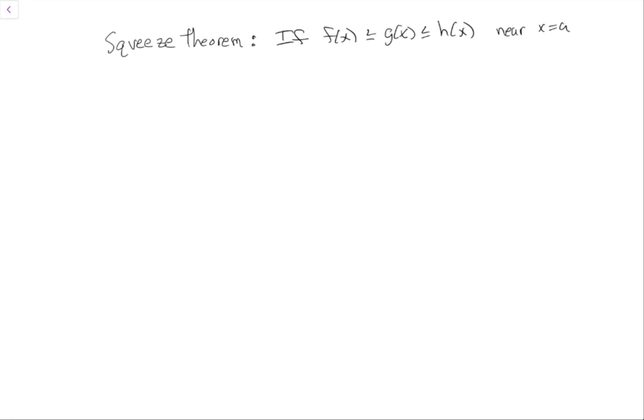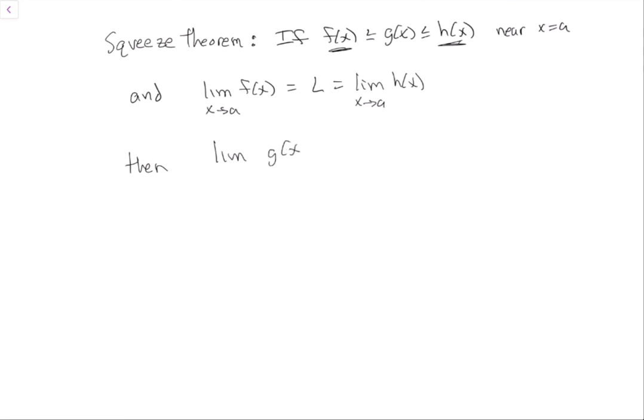So as long as we're close to a, we know this relationship is true, and we know that the lower bound has the same limit as the upper bound. So let's say f of x and h of x have the same limit. Then we can conclude that the limit of g of x must also be the same, must also be L.